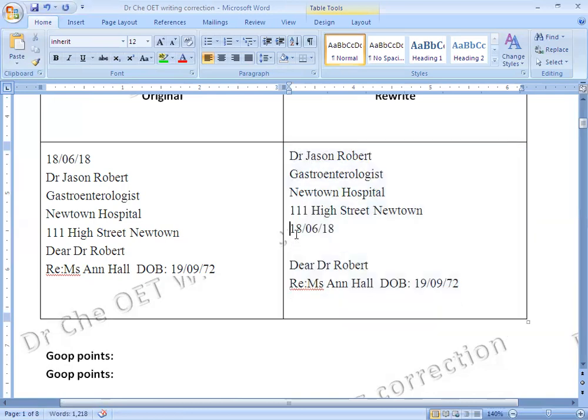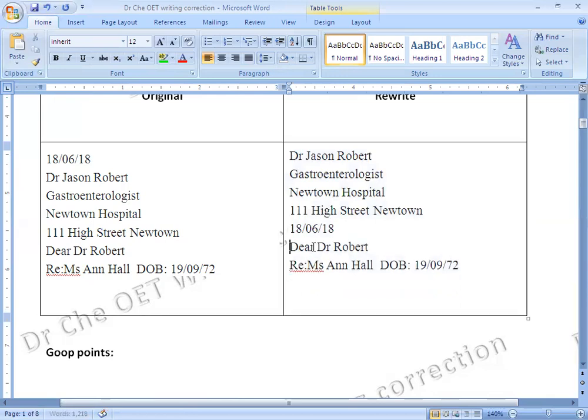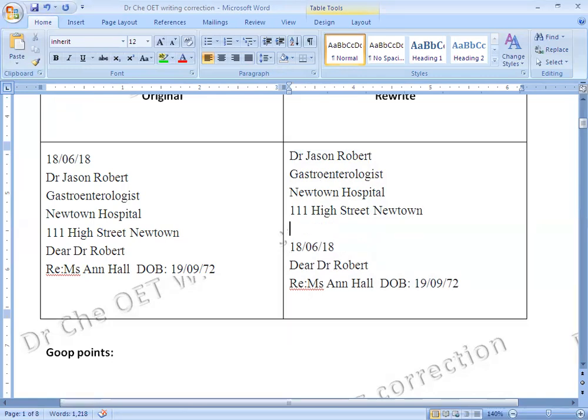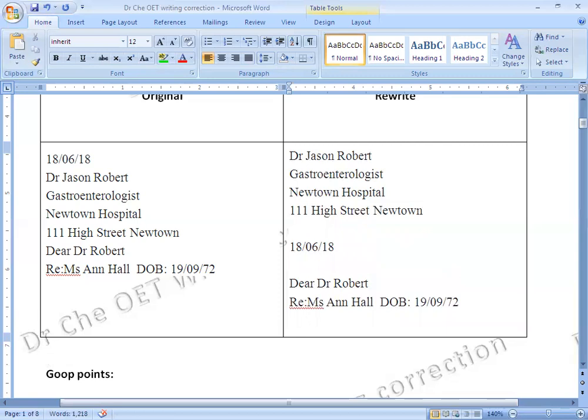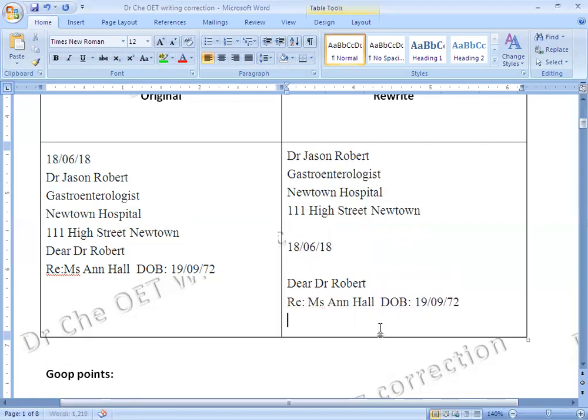We should write the date after the address. Another important thing for the date is we need to leave one blank line before and one blank line after it. It should not be mixed like this.